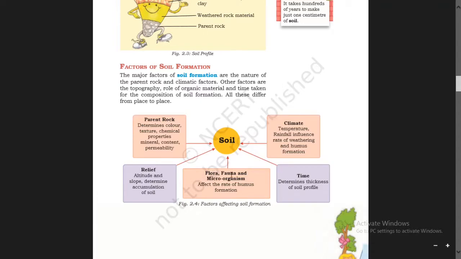Next, flora, fauna and microorganisms that affect the rate of humus formation. Climate, temperature and rainfall influence rate of weathering and humus formation. Time determines thickness of soil profile.